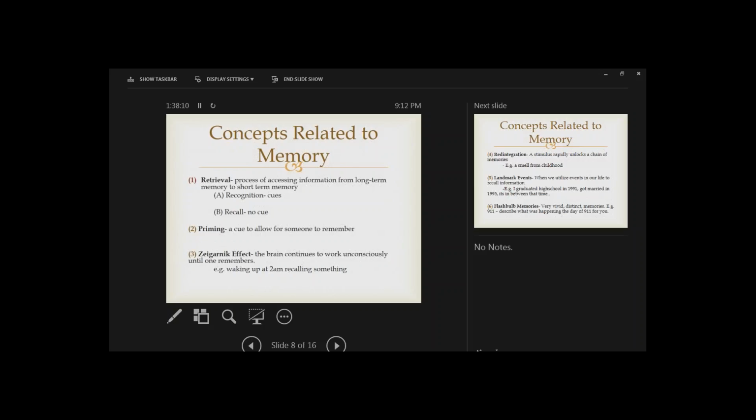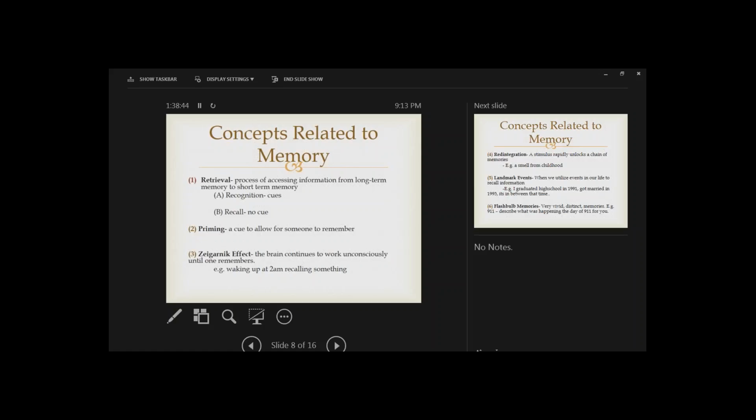You have to pull it directly and put it onto paper. So which one do you think goes in aging? Recall, yeah. If you give older individuals or elderly recognition tasks, they'll remember. They'll be able to answer the questions. If you have them recall it, it's going to be a lot more difficult.